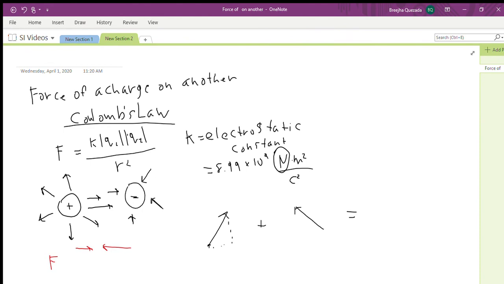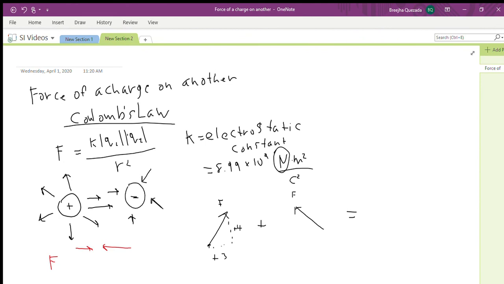So imagine you have two force vectors right here. This is F and this is another F. You have one pointing +3 in the X direction, and the same force vector would have, let's say, +4 in the Y direction.